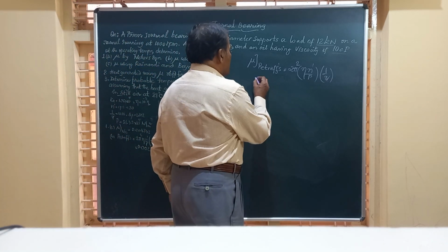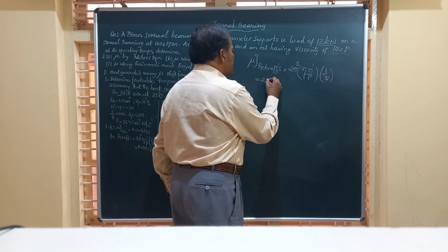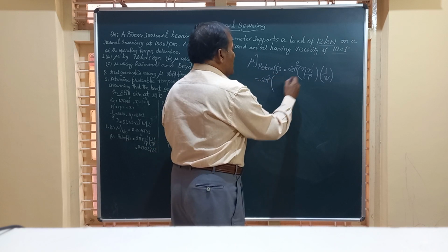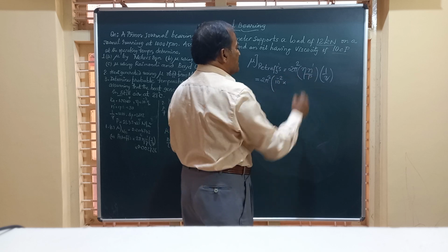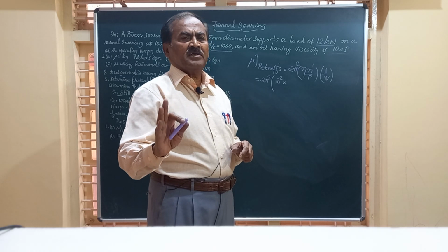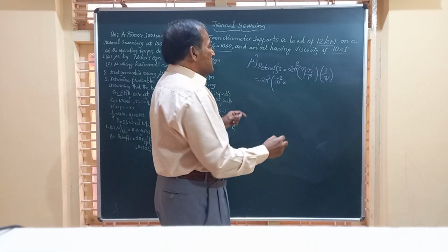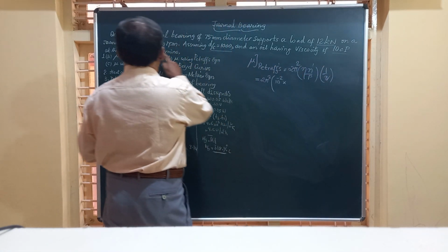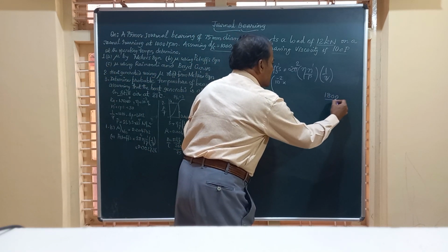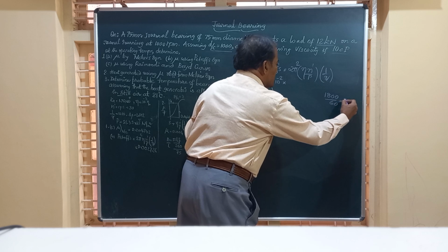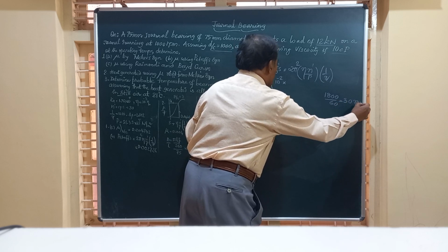Friends, let us substitute the values. It is 2 pi square, eta is 10 to the power of minus 2, n dash is the speed in RPS. So the speed of the shaft is given to be 1800 RPM. So 1800 divided by 60 will give you 30 RPS, the speed in seconds.